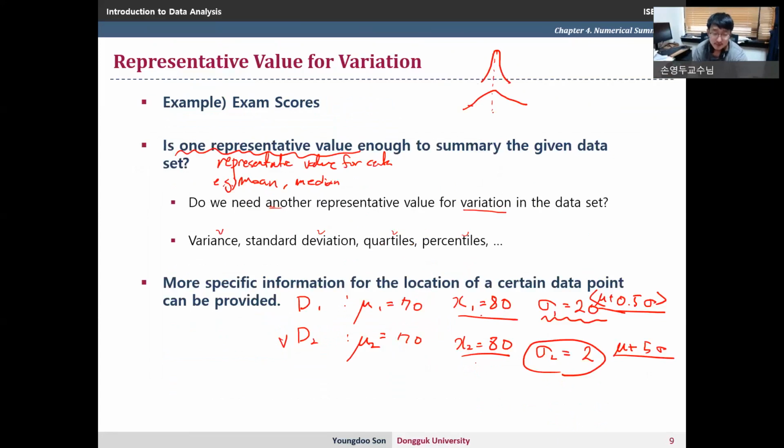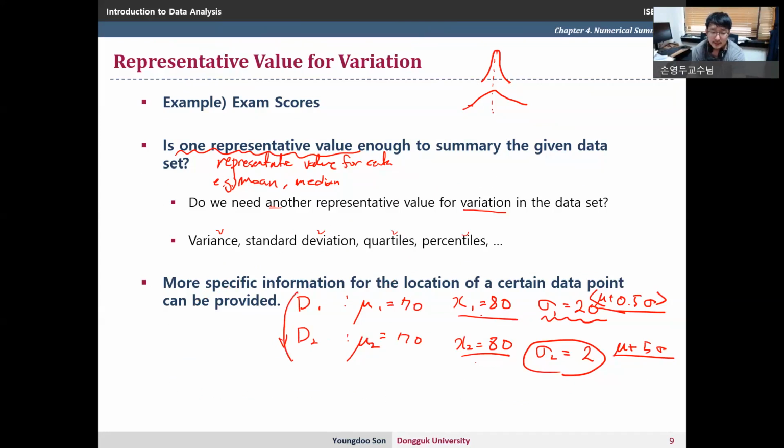Examples of these types of representative values are variance and standard deviation and other quantiles such as quartiles and percentiles. So with this representative value for the variation, we can easily get more information for the specific location of a certain data point.